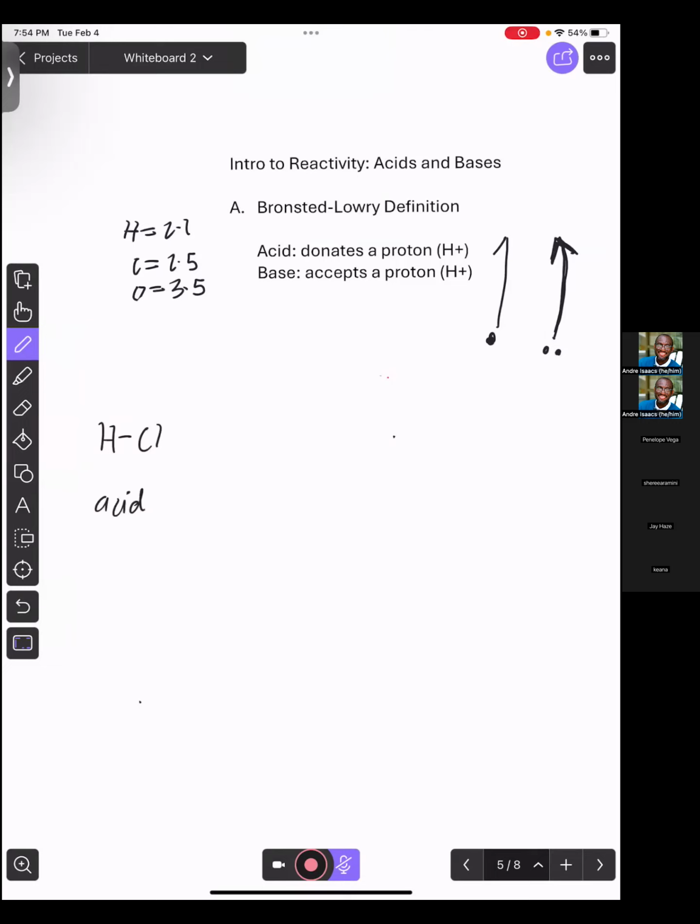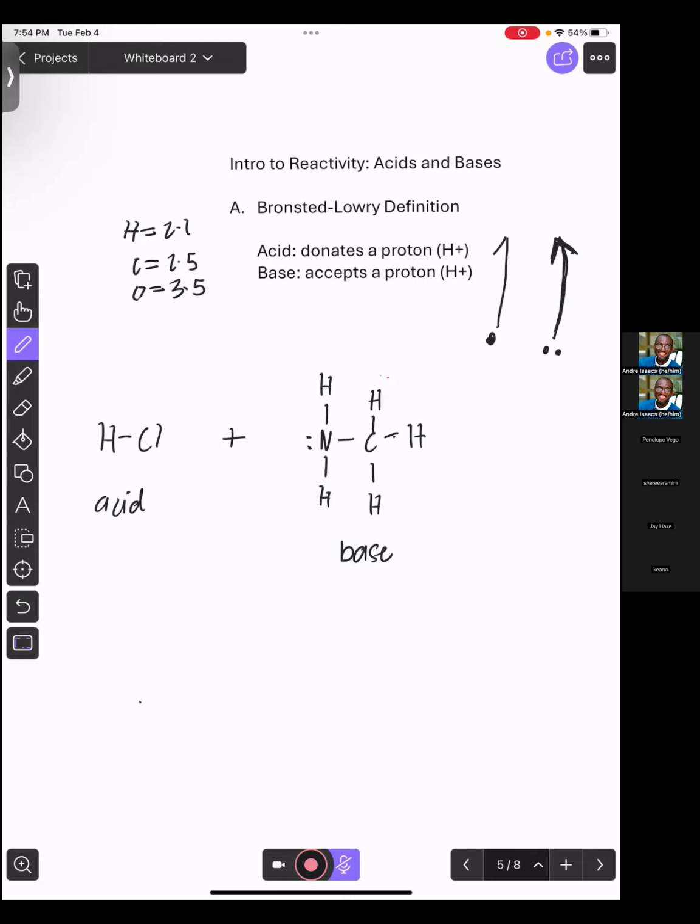This is clearly going to be the acid. We agree? We have a hydrogen attached to an electronegative atom. This is a very toxic relationship. Yes. And I'm going to give you a base. This is the base that we're going to use for this reaction. Okay. And this base is going to be neutral. Okay. But you can clearly see which atom is going to be sharing the electrons from the base.